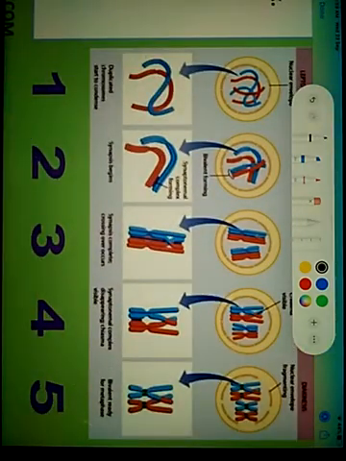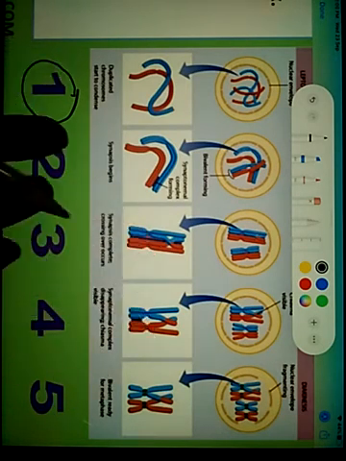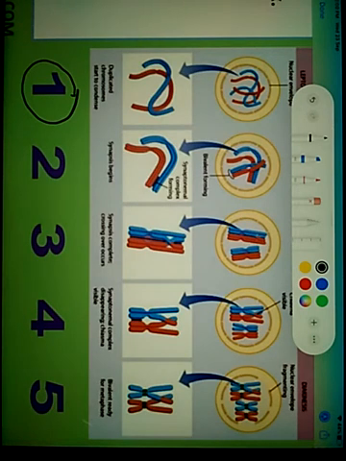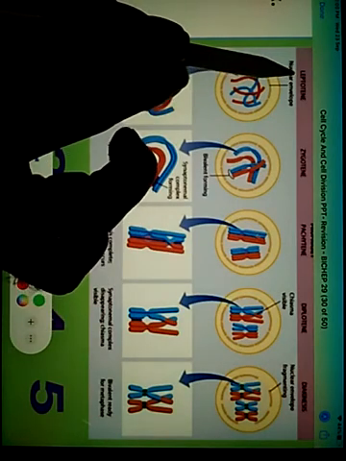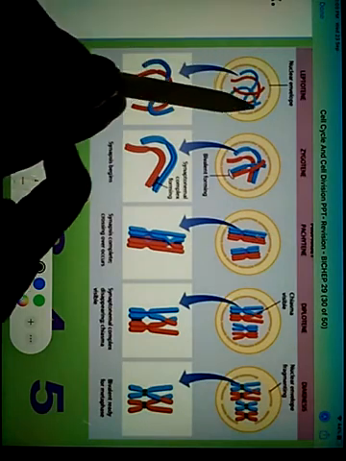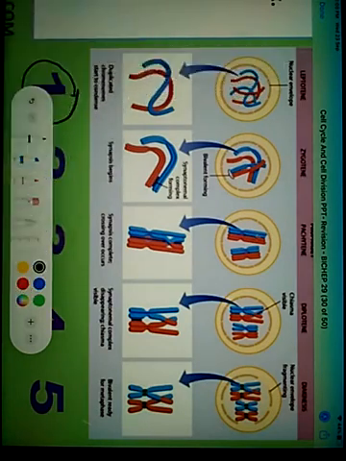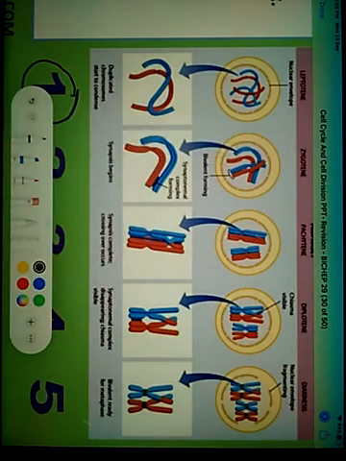Now if I talk about the process, number 1, if you remember, is Leptotene, right? In Leptotene, the chromosomes are formed from chromatin. Step number 2 is Zygotene. During Zygotene, they are placed nearby.